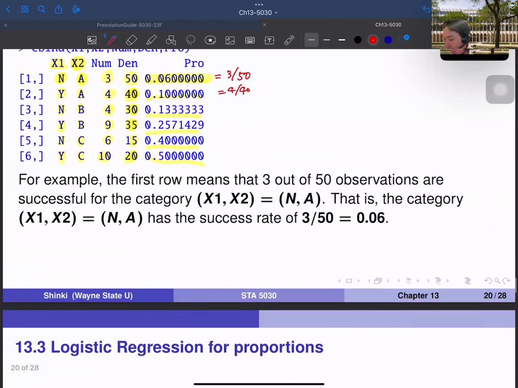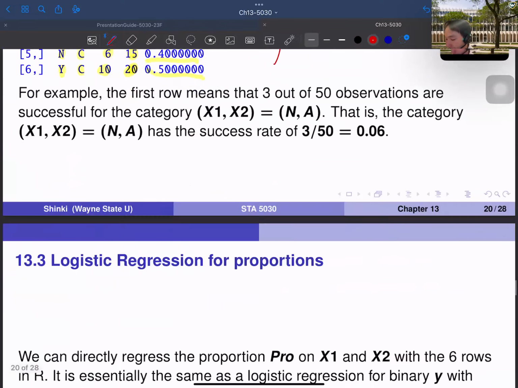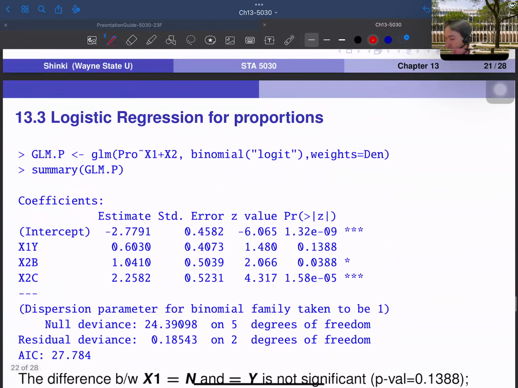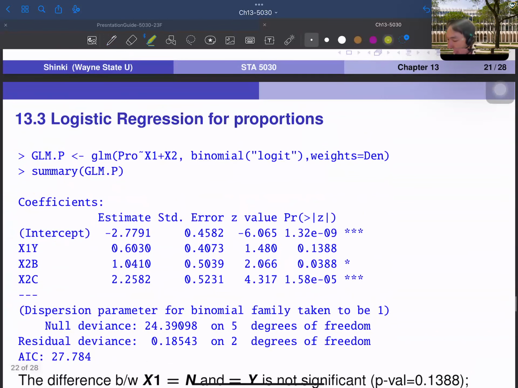Suppose that we have this data, then we can do logistic regression this way. We use glm, the same function, with the proportion, which is the column of proportions, 0.06 for the first case.